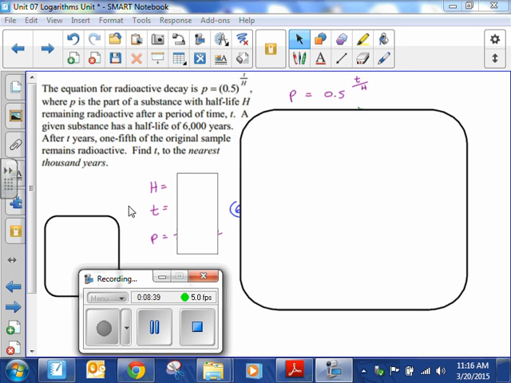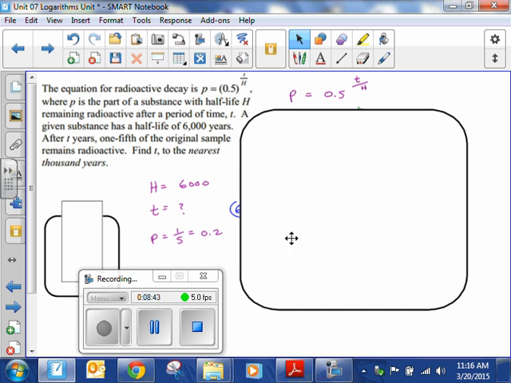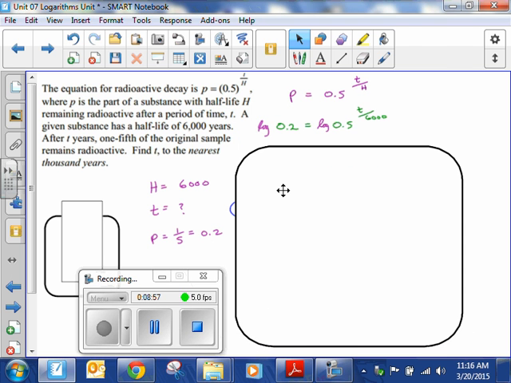Find T to the nearest 1,000 years. Okay, so H is 6,000, T is what we're looking for, and P is 1/5, which can be rewritten as 0.2. Right? Because it says 1/5 of the original sample, so 0.2.